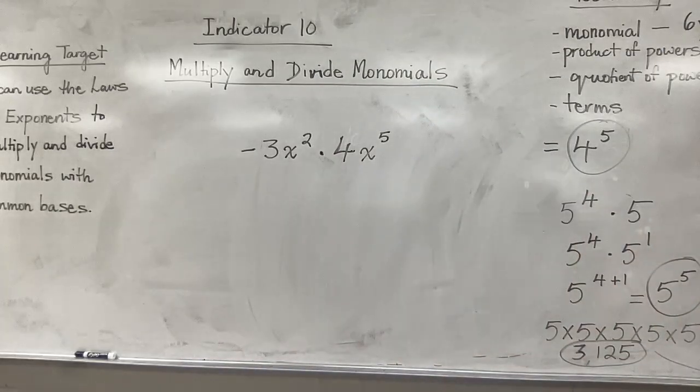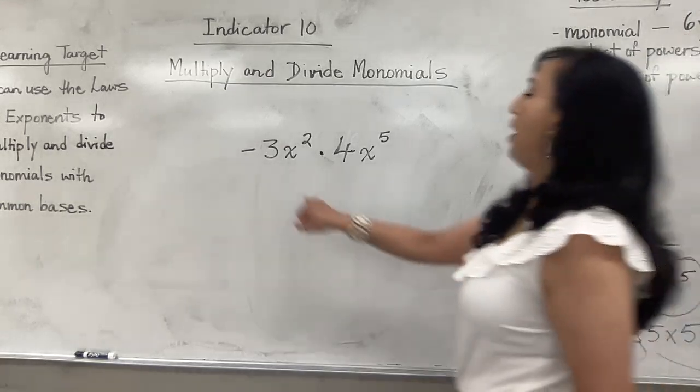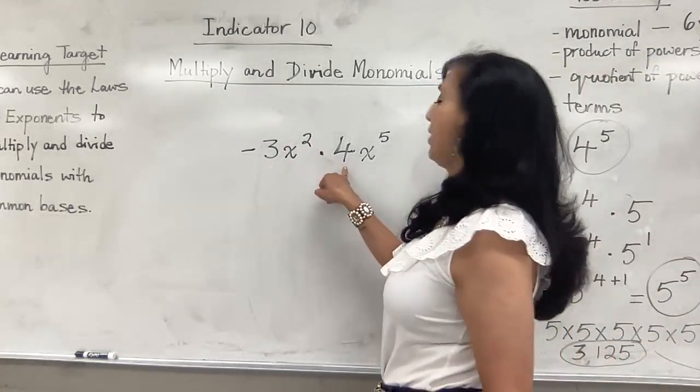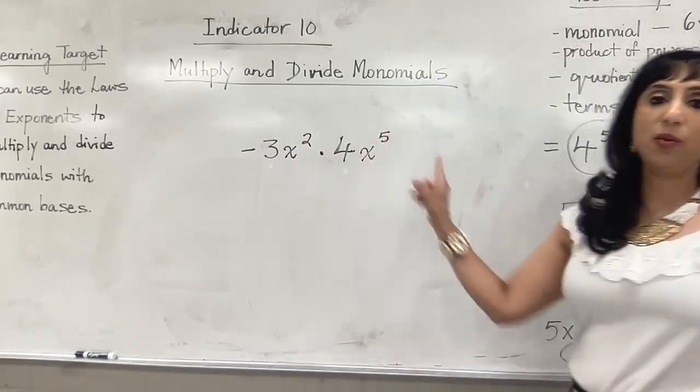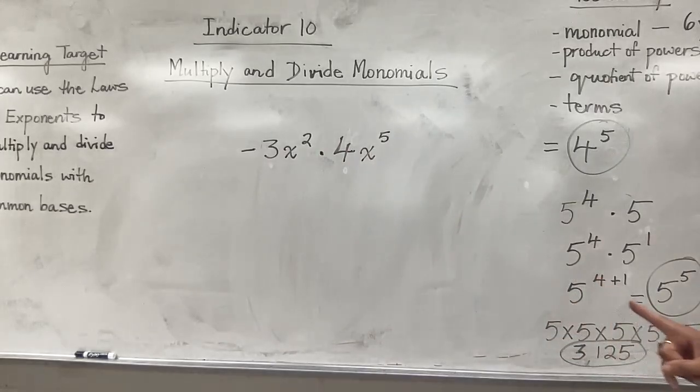Now when you multiply the two monomials, let's see what we need to do with the coefficients. The coefficient is the number that comes right before the variable. So here's my coefficient and here's my coefficient. And the variables are the x squared and the x to the fifth power.